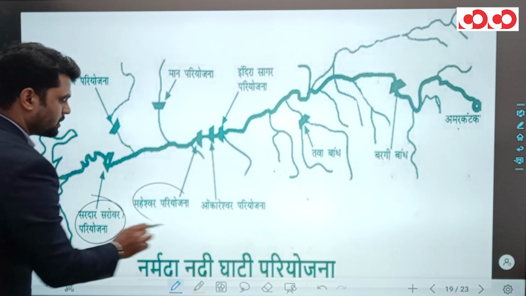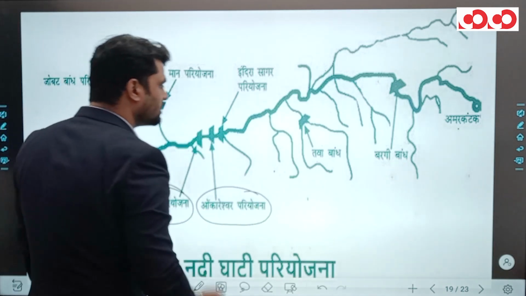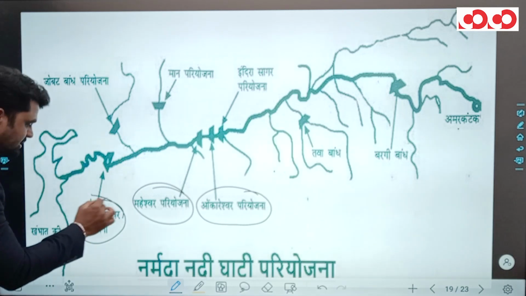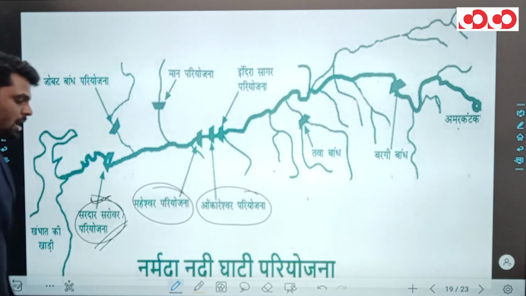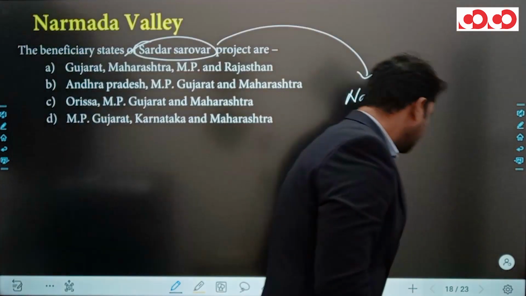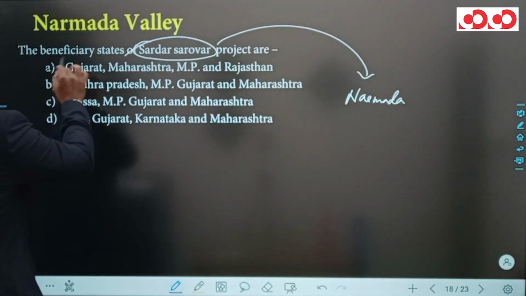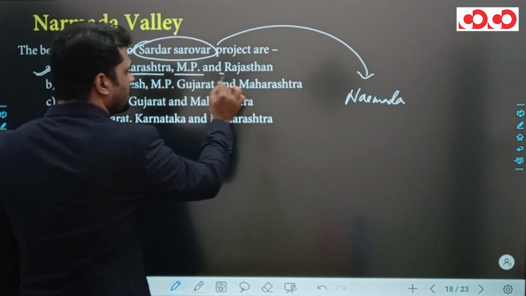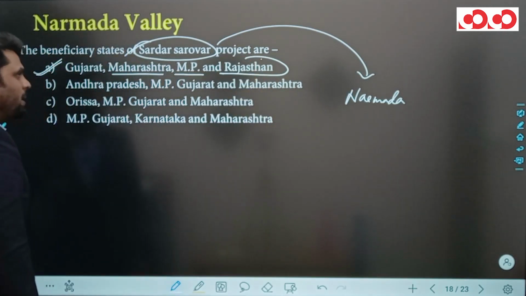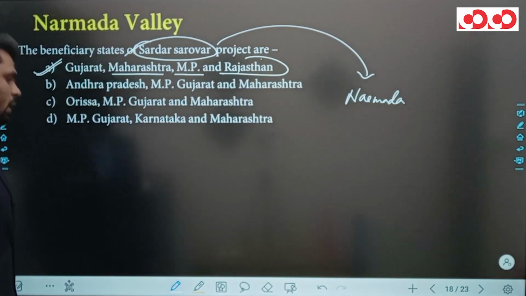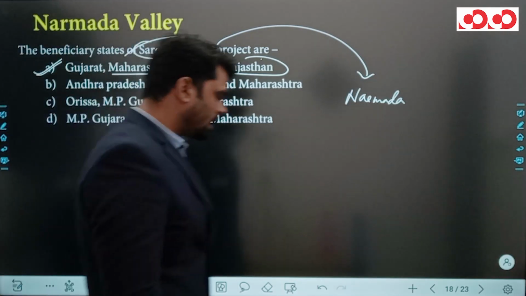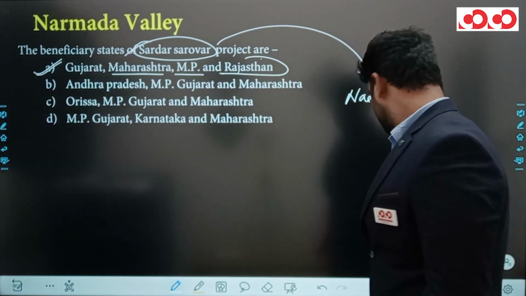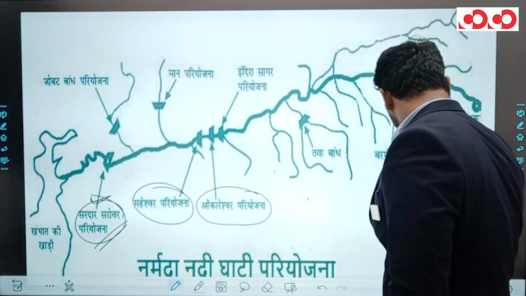Maheshwar project and Omkareshwar project are other important river projects of the Narmada. The question has been asked on the Sardar Sarovar project, and the right answer is option A: Gujarat, Maharashtra, MP and Rajasthan. So the beneficiary states of the Sardar Sarovar project of river Narmada are Gujarat, Maharashtra, Madhya Pradesh, and Rajasthan. Clear? Let's move to the next question.